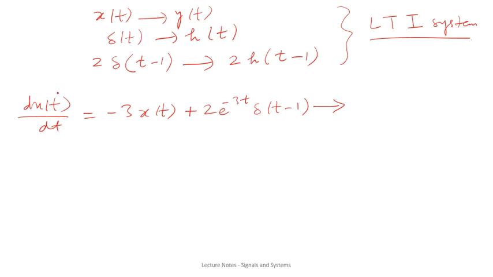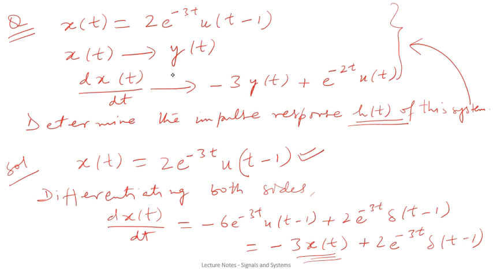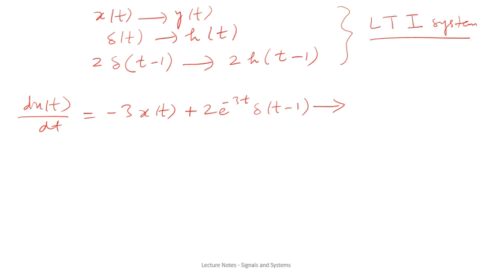If this is the input, then it is already given in the problem that your output will be -3y(t) + e^(-2t) u(t). So you now see here that if this is your input, the output should be -3y(t) + 2e^(-3t) h(t-1).